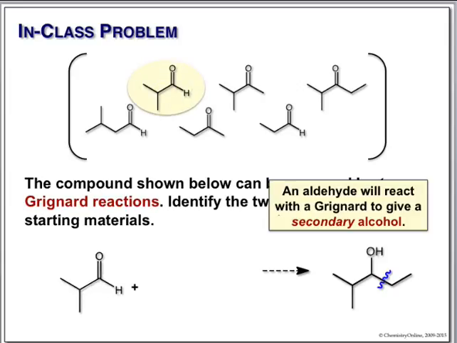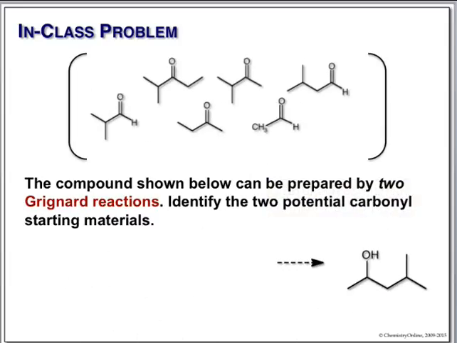Our Grignard chunk was simply the 2 carbons, so an ethyl magnesium bromide. Secondary alcohol, so we're looking for aldehydes.